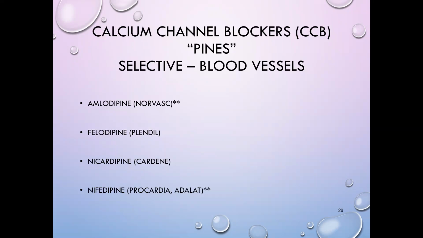The contraction of muscles is regulated by the amount of calcium ion inside the cell. So when we block the calcium ion channels, it limits the muscle contraction by relaxing the arterial smooth muscle and then lowering the peripheral resistance. They work either by selectively affecting blood vessels or by affecting both blood vessels and the heart.